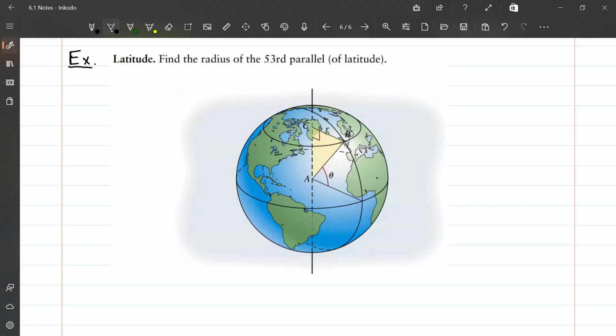By drawing an imaginary point here at A, at the center of the Earth, drawing a line out to the equator here, and then rotating open an angle, theta, until we reach our parallel of latitude here at the point B, the angle that we go through to pass from the equator to our parallel of latitude is the angle designation for that parallel. So when I say the 53rd parallel of latitude, what I mean is the angle theta here is 53 degrees, which I'll go ahead and write down.